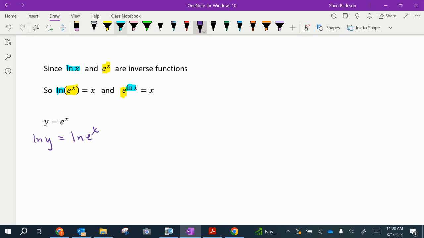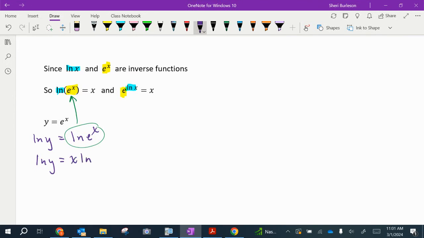Well, as we've seen up above, I should know what that is, but I'm going to go the other way also. We saw that when I substitute the inverse into the function, I should get x, but I can use properties of logs also to show you that this is true.